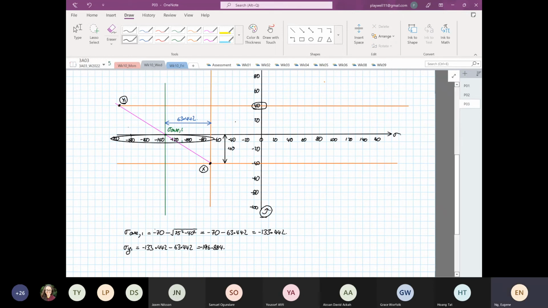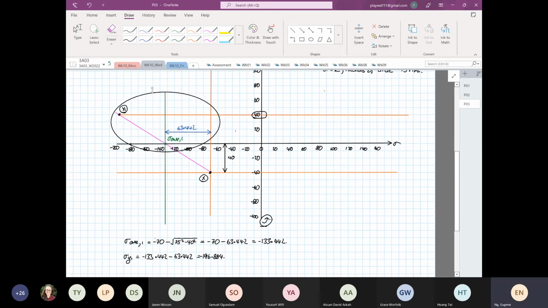I'm having a bit of a brain fart down here. Hold on. 58. So 58. Okay. So the maximum shear is 75. So this is 75. And then this is 75.